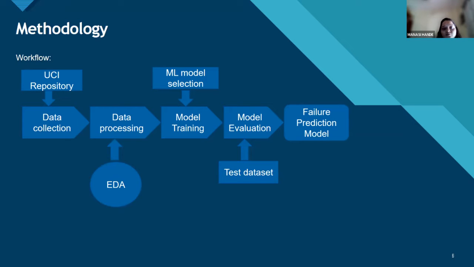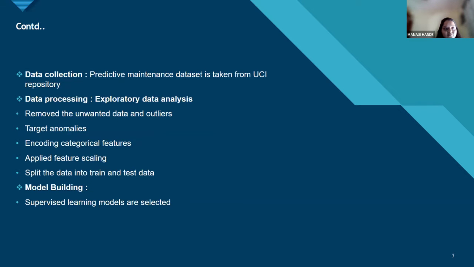I trained the model based on the data. I divided my data into an 80% training set and a 20% test set. The models are evaluated based on accuracy and runtime. And finally, the failure prediction model is created based on the algorithm that exhibits the best accuracy.